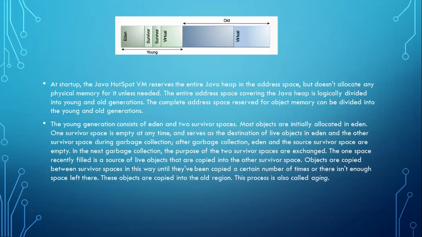Latency means how much time exactly you are spending behind garbage collection. 5 seconds is the cumulative time, the total amount of time you have spent out of 100 seconds behind garbage collection. So 5 seconds divided by how many times garbage collection was called is the average latency for garbage collection.